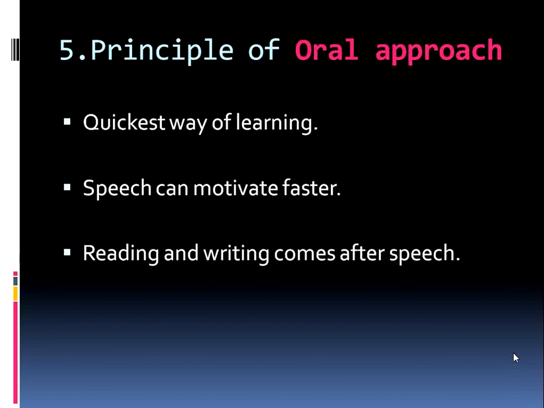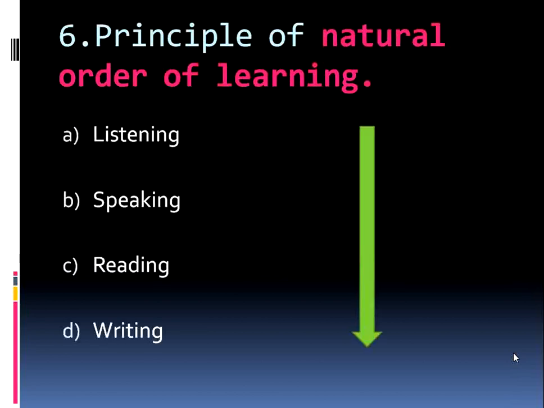When you use speech in the classroom, you can motivate your students faster than anything else. Why? Because reading and writing come after speech. So this is all about the principle of oral approach, and this is one of the most important principles of language teaching.